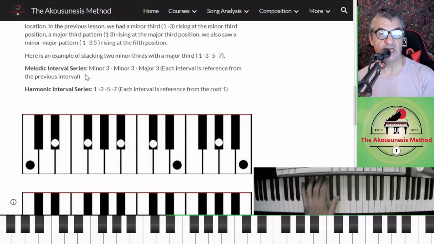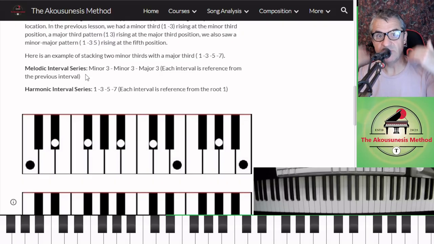Now, when we're listening for a melody, that's what our ear hears. It hears relative movement of pitch going up and down. And when we listen to play a melody and we want to play it by ear, we're listening for that relative pitch movement. And that's what we're focusing on.